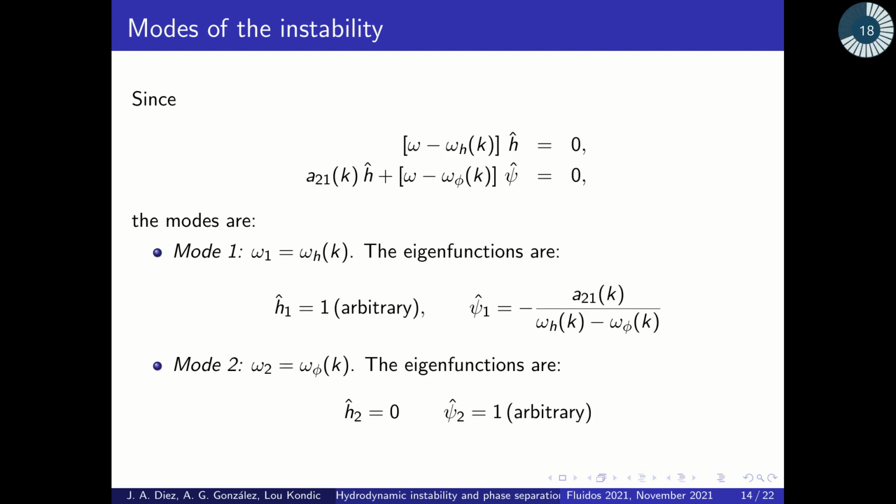These eigenvalue problems also have the eigenvalues, which give the dispersion relation named before. They show that if one perturbs in one mode, perturbing the thickness, one inevitably also perturbs the concentration, but there is another mode in which one can perturb the concentration without perturbing the thickness, so that the film remains flat.